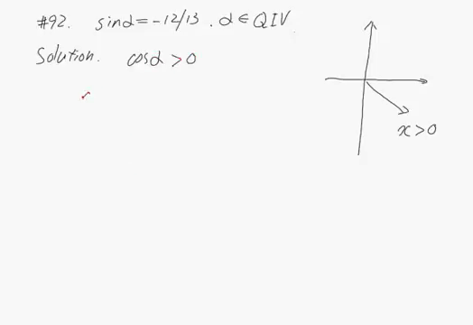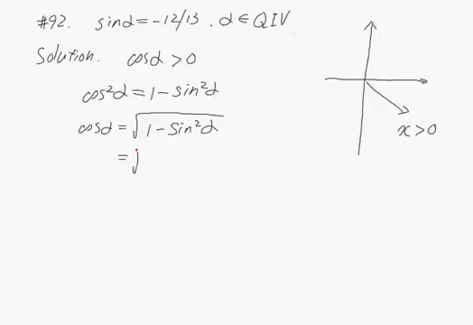And then from the fundamental identity, you have cosine squared alpha equal to 1 minus sine squared alpha. Then you take the square root of both sides. Considering the sign of cosine alpha, you get the positive square root of 1 minus sine squared alpha.